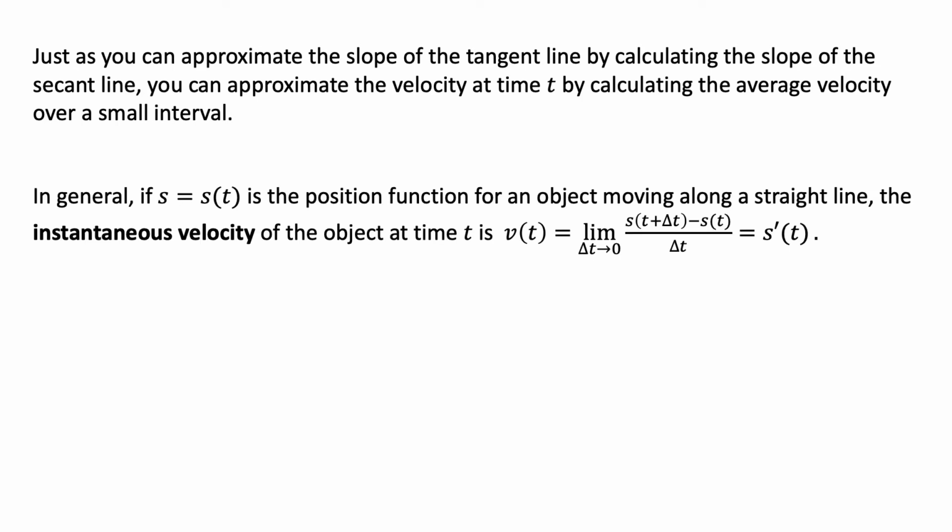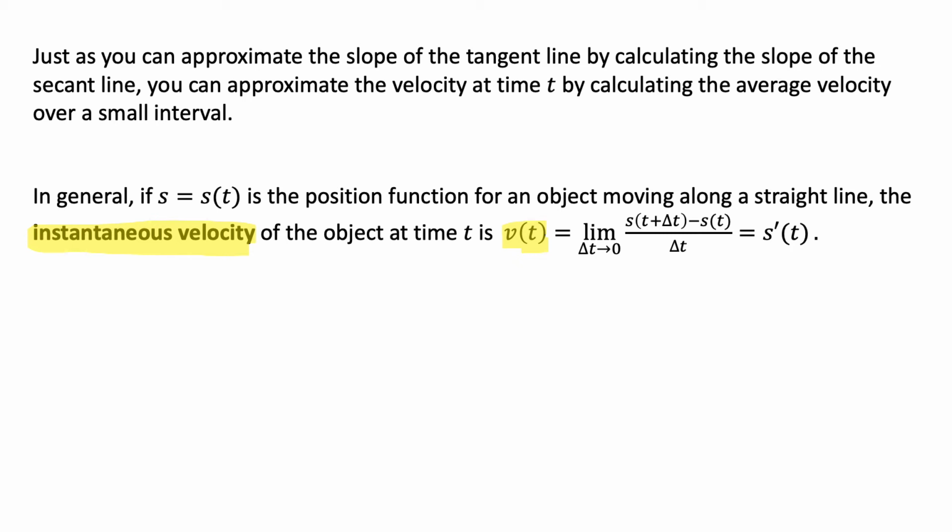In general, if s of t is our position function for an object moving along a straight line, the instantaneous velocity of the object at time t, v of t, our velocity function, is the limit as delta t, the change in time, goes towards 0, is getting really small, of s of t plus delta t minus s of t over delta t, which hopefully looks very familiar.